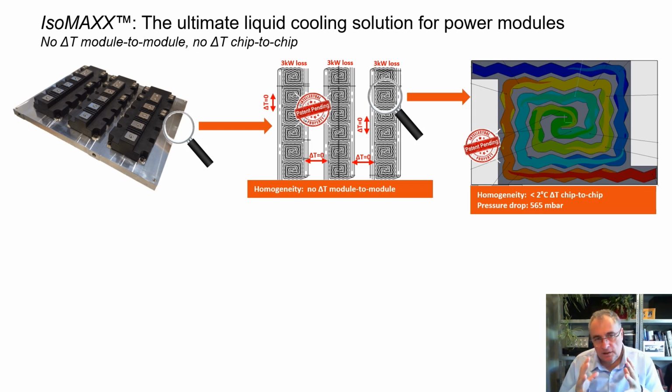The idea is to locate those spirals just underneath the chips themselves. First we have to know where the chips are located, and then we can adapt the design to locate those spirals just underneath and extract the heat exactly where it should be.